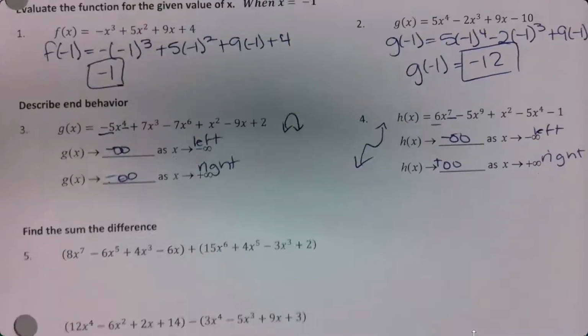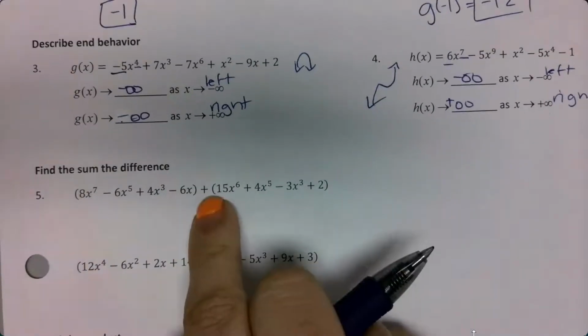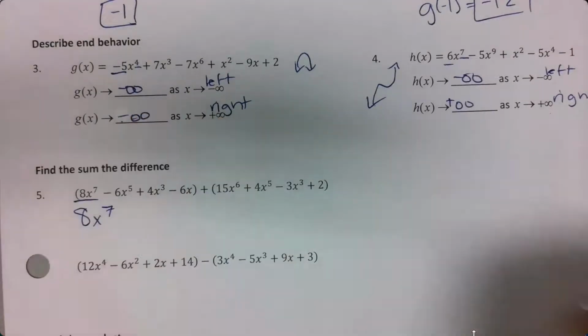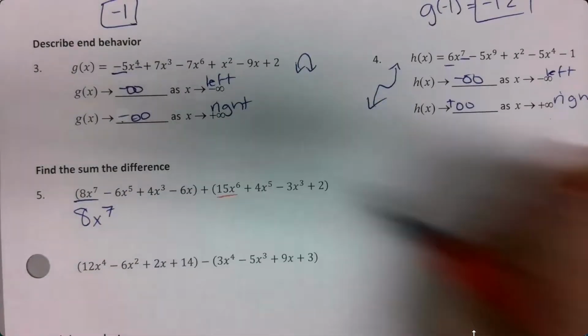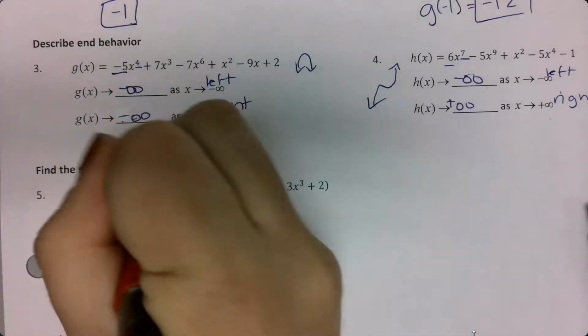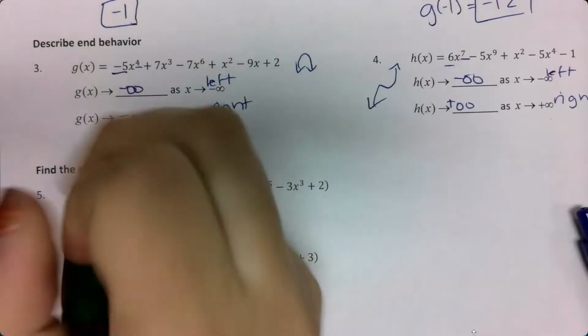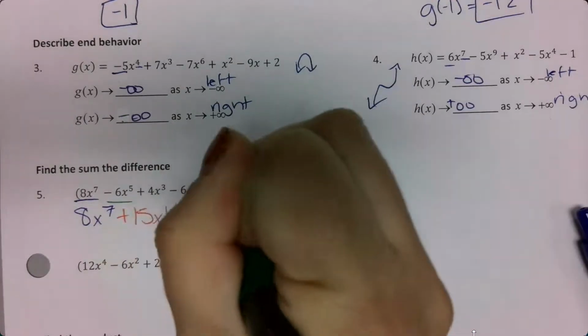Okay. Number 5 wants me to find the sum or difference. So this one has a plus sign in between, so I'm going to combine like terms. I have 8x to the 7th and nothing to combine that with. Then I have 15x to the 6th with nothing to combine to. I have -6x to the 5th, positive 4x to the 5th, which gives me -2x to the 5th.